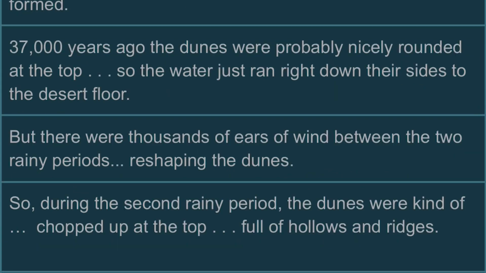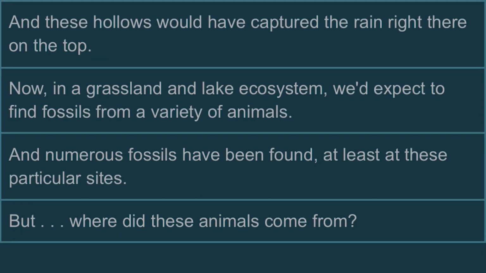But there were thousands of years of wind between the two rainy periods, reshaping the dunes. So during the second rainy period, the dunes were kind of chopped up at the top, full of hollows and ridges. And these hollows would have captured the rain right there on the top.